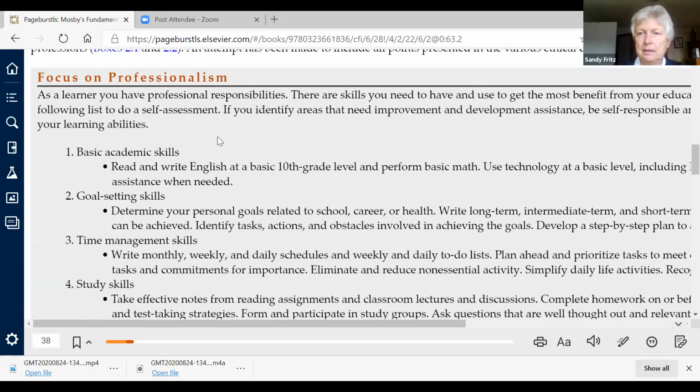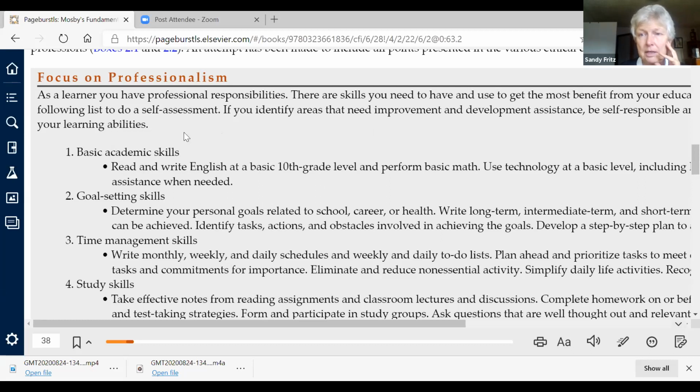And you've heard me say before that you are an adult student and you have to learn how to be your own teacher. And the textbook is also your teacher, as well as Luke and I. So you have to have basic academic skills. And if you're going to struggle being able to read the textbook, that's going to be hard.